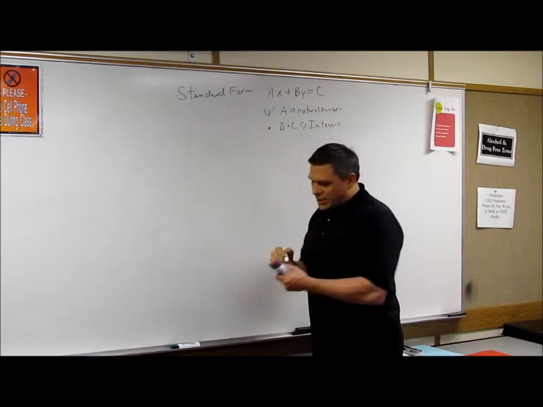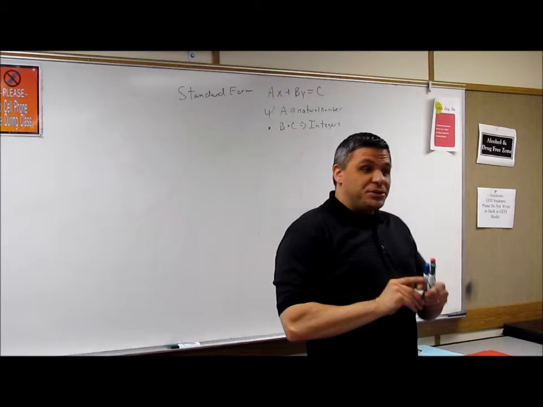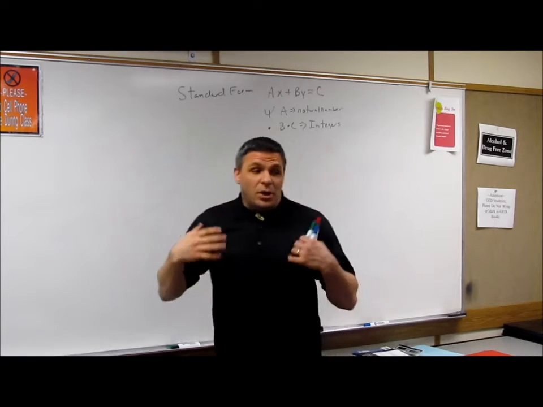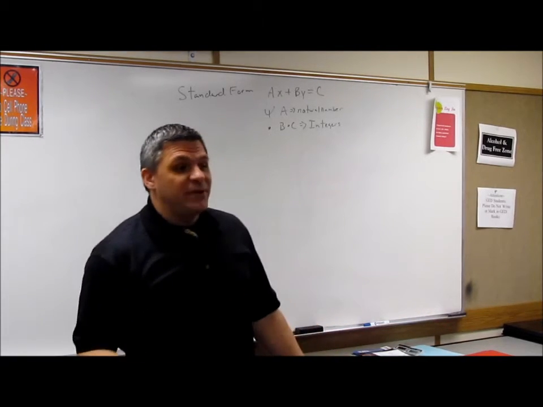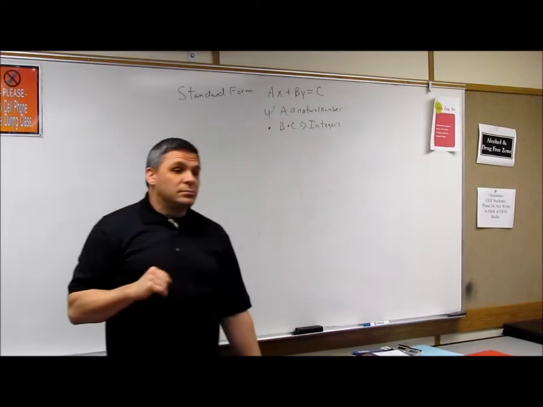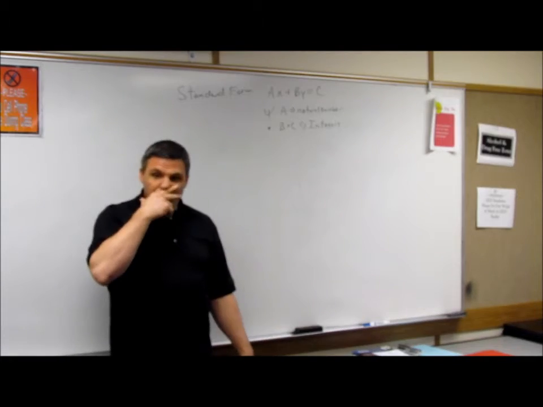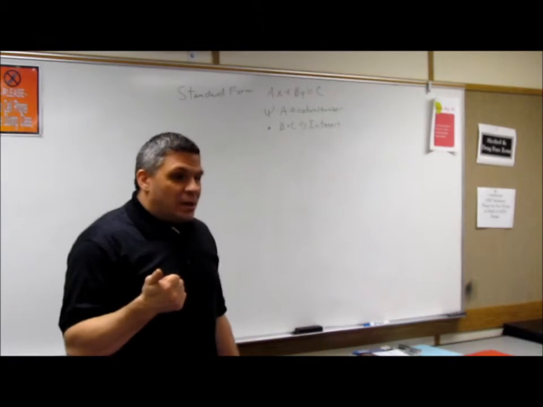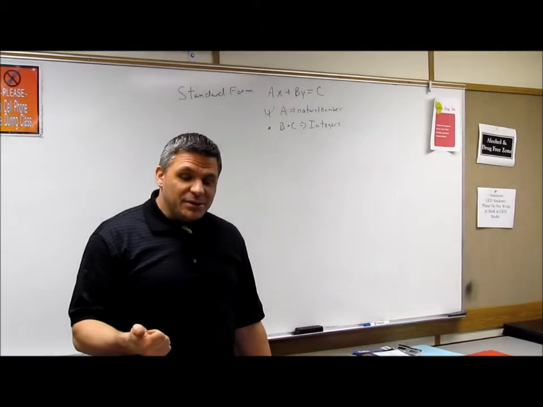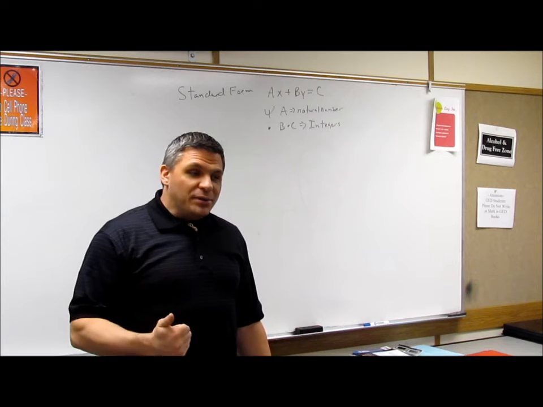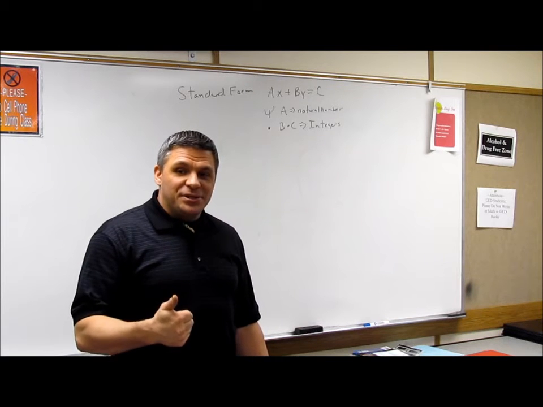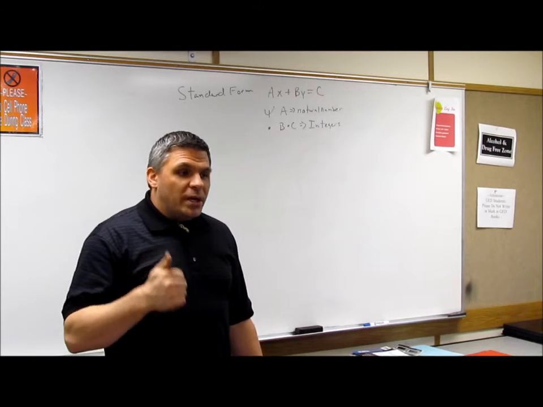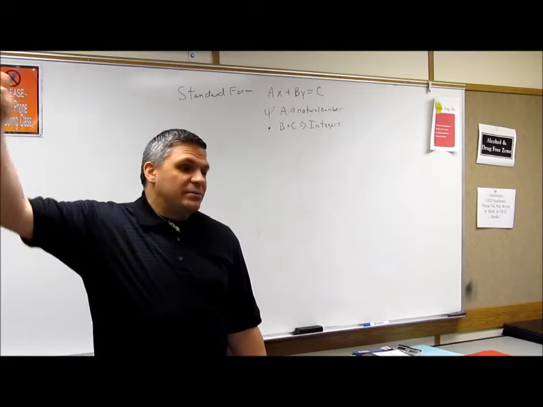So you have to know what a natural number is and what an integer is. An integer is a whole number, either positive or negative, and it does include 0. A natural number does not include 0. It only includes the positive integers: 1, 2, 3, 4, 5, 6, 7, 8, 9.